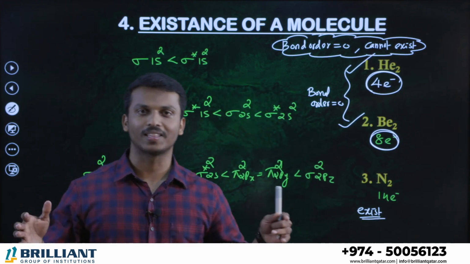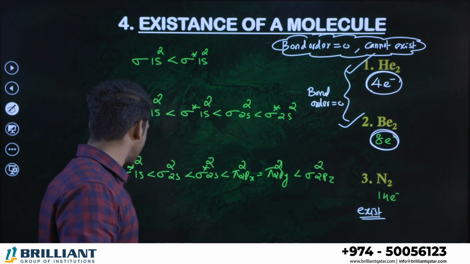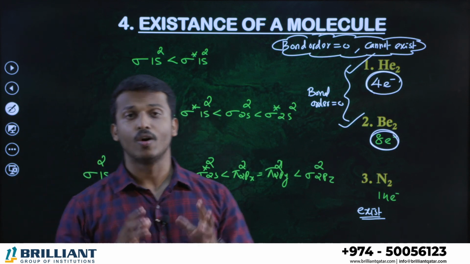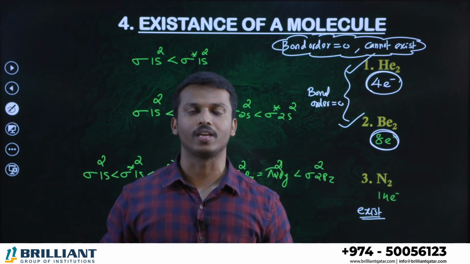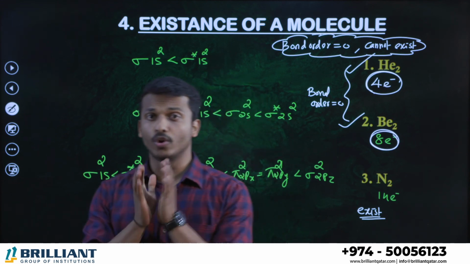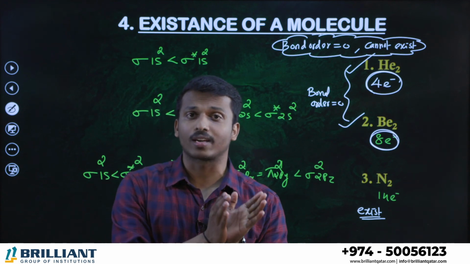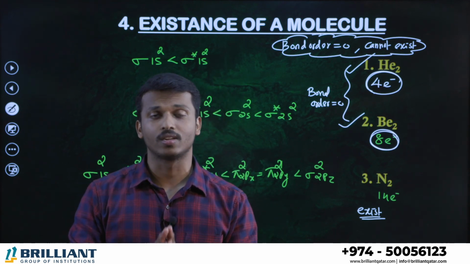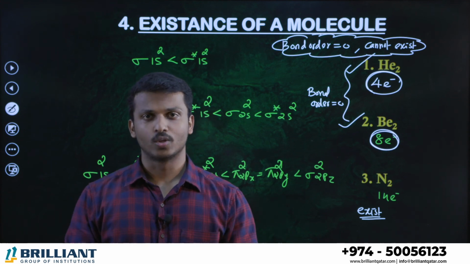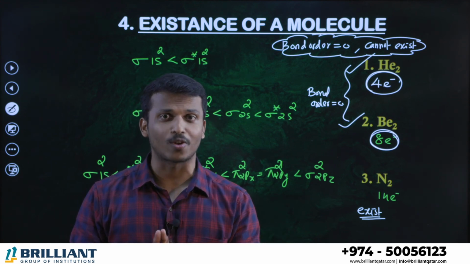So these are the major ways you can answer all types of questions from the chapter, Chemical Bonding and Molecular Structure. The topic is MOT. If you know the up to 14 electron system and more than 14 electron system configurations, you can answer all those questions. What are the major applications of molecular orbital theory?